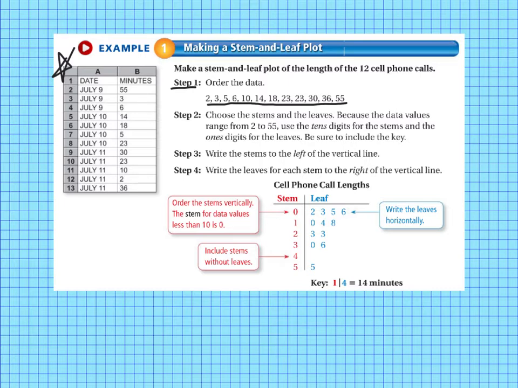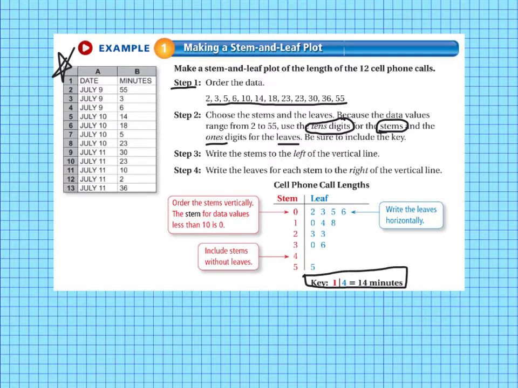Step 2, you choose the stems and the leaves. Because the data values range from 2 to 55, we're going to use the tens digits for the stems and the ones digits for the leaves. And we have to be sure to include the key.